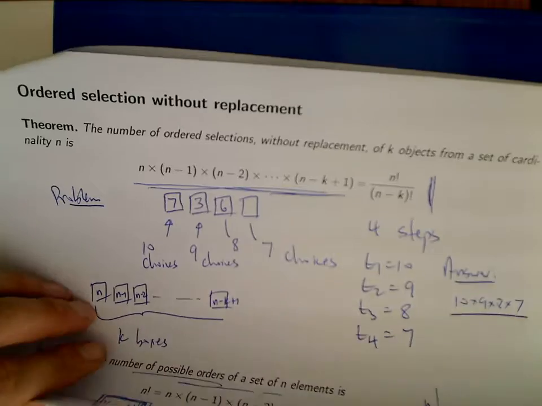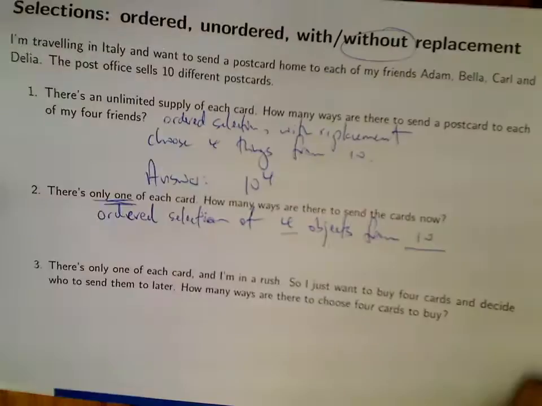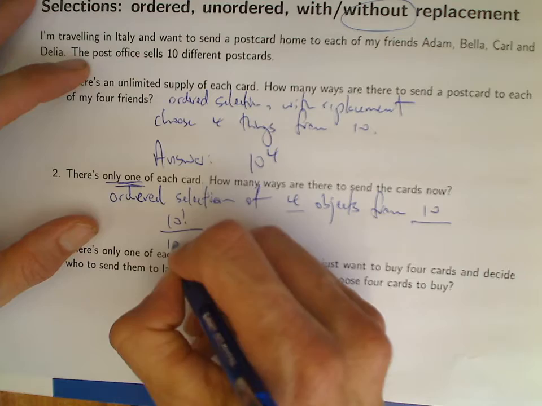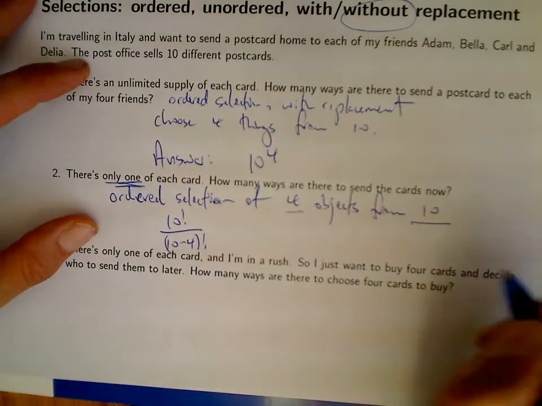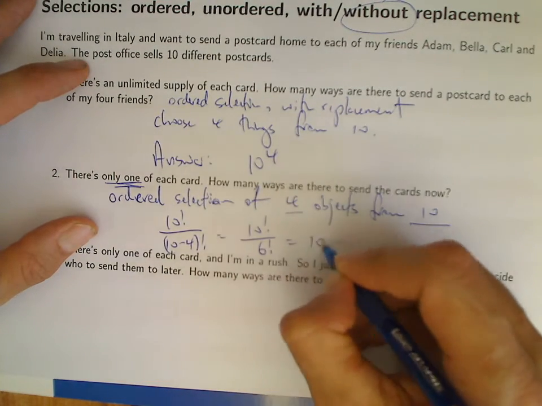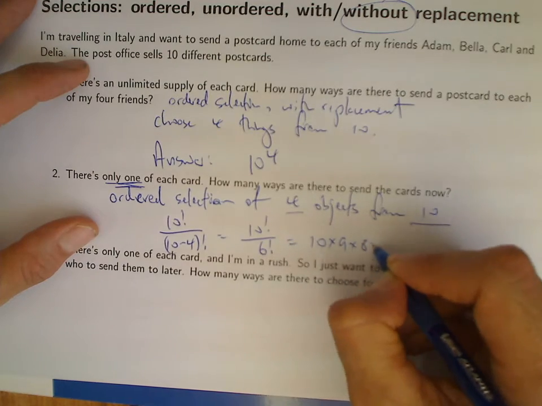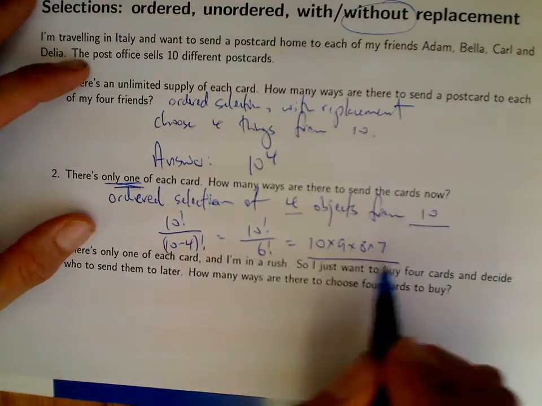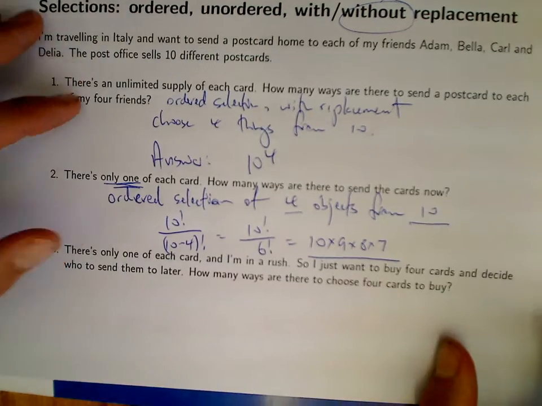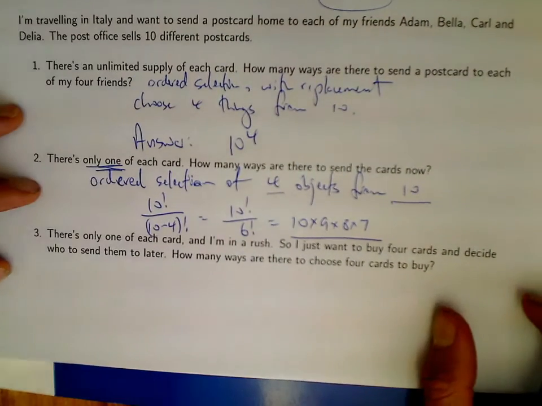So going back to here, our answer is 10 factorial over 10 minus 4 factorial. So that's 10 factorial over 6 factorial, which is 10 times 9 times 8 times 7. And either of these two would be perfectly fine as an answer.